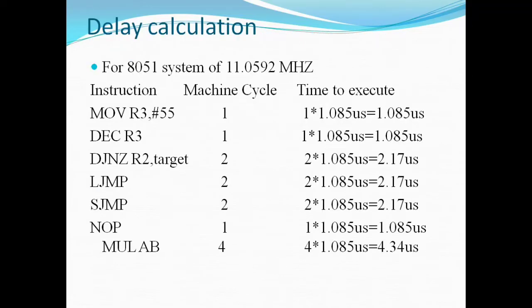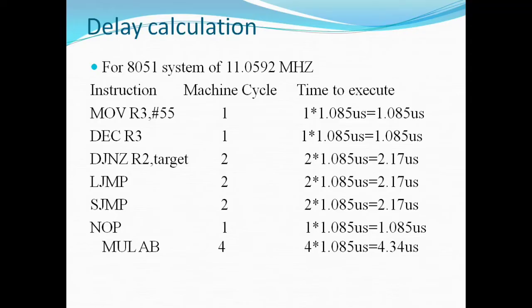These are some instructions, their machine cycles, and the time to execute the instruction, given in this chart. The MOV instruction takes one machine cycle, and therefore 1 multiplied by 1.085 gives you 1.085 microseconds time period. Similarly, the DEC instruction also takes one machine cycle.